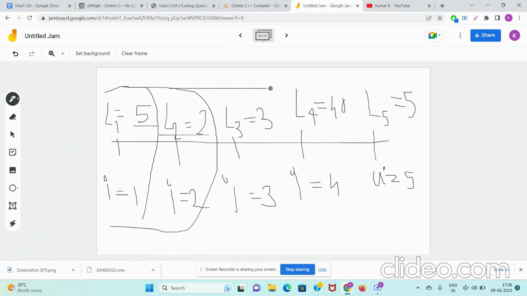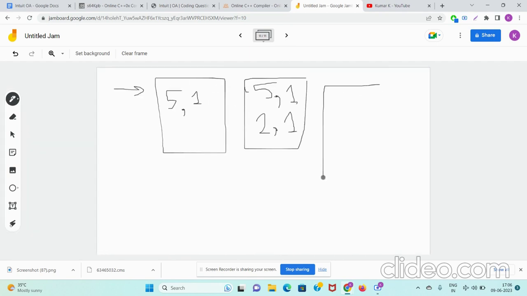Similarly, when you come to the third index, the hash map will say that 3 is also coming for one time. So it will look like this: 5 comes for one time, 2 comes for one time, and 3 comes for one time.